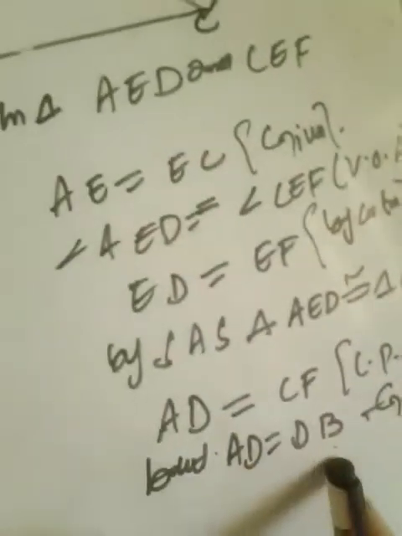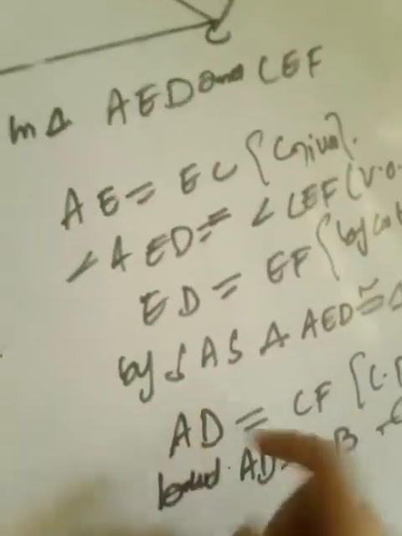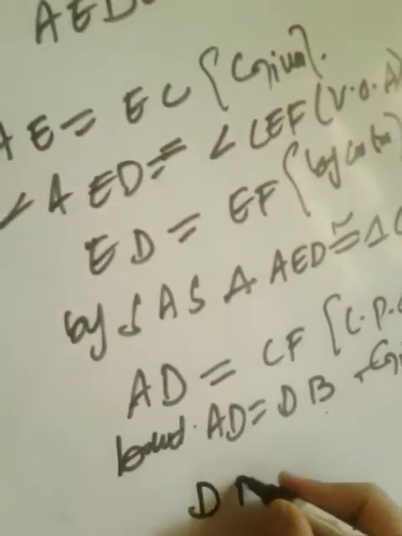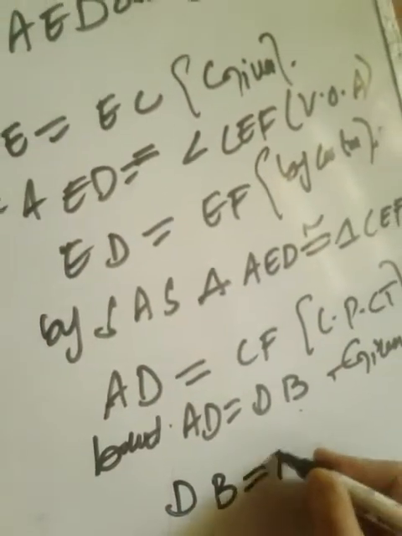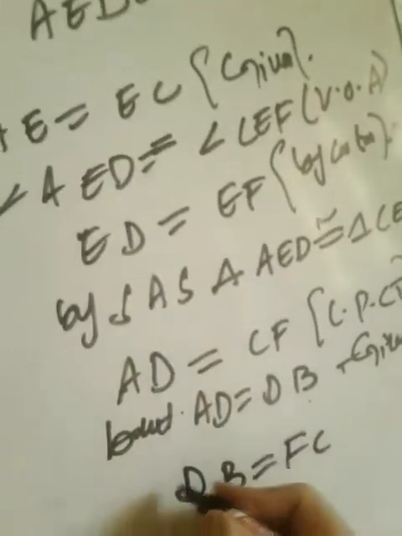So AD equals DB; replace it here. So DB equals CF. Name this first: DB equals CF.